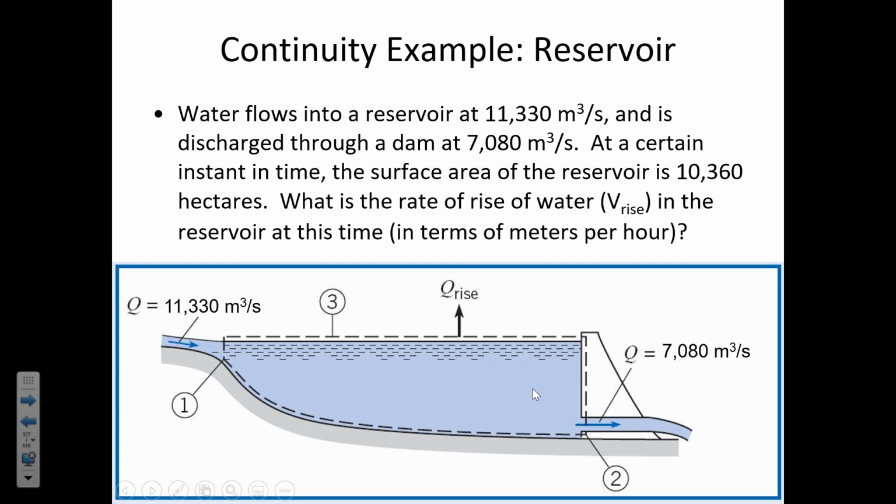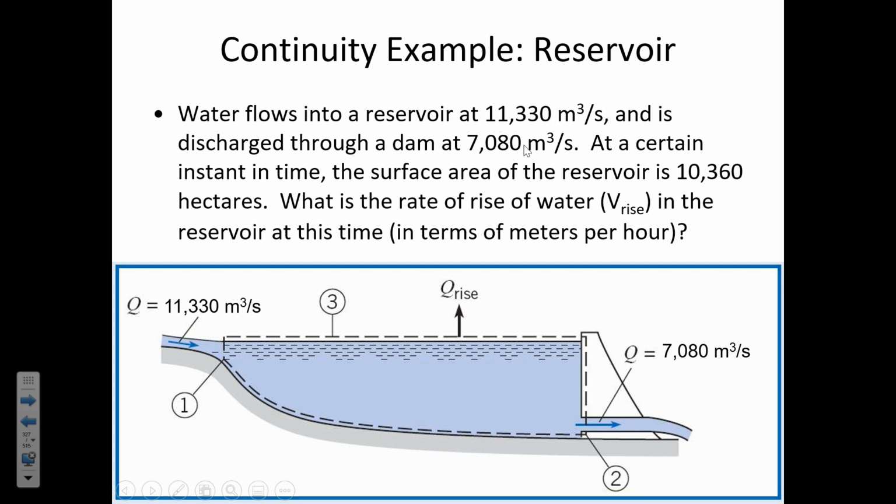So we know in and we know out. And remember that the basic overall formula of the continuity relationship is that accumulation is the difference between in minus out. Now I'm already giving you a hint here in asking for the rate of rise. And you don't necessarily even need that hint because you can see that in is bigger than out.